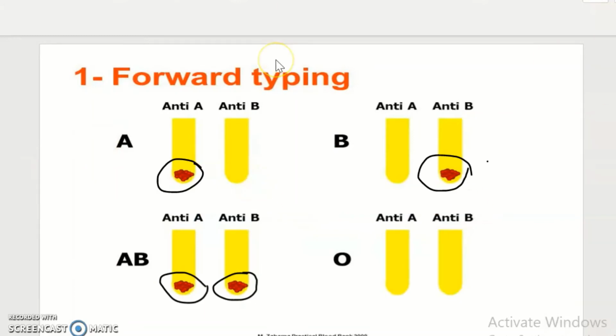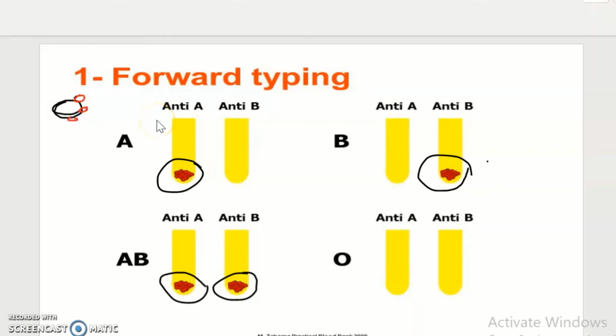So now let's see why you see agglutination in anti-A. If you see agglutination in anti-A, it means on the red cells of the patient there is antigen A present.